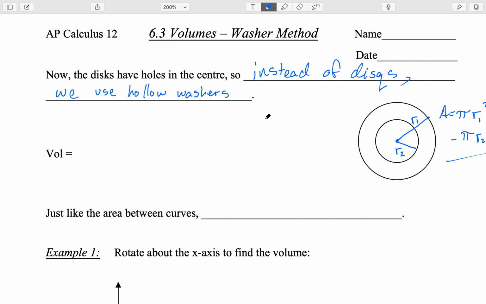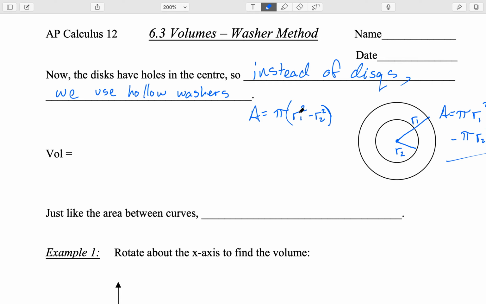You can factor out the pi, so it's r1 squared minus r2 squared, the bigger one squared minus the smaller one. That completely makes sense.